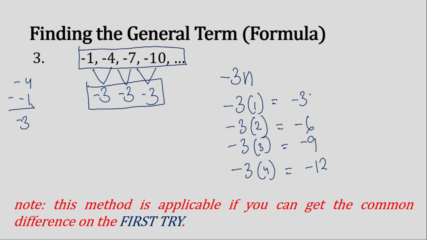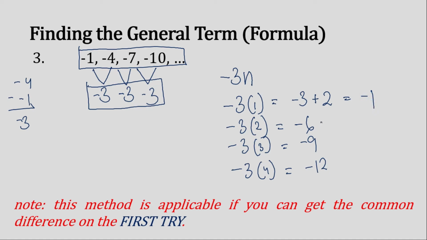So all we have to do is to adjust these numbers such that this will become -1, -4, -7, -10 respectively. So what are we going to do with -3 to make it -1? All we're going to do is to add 2 to become -1.